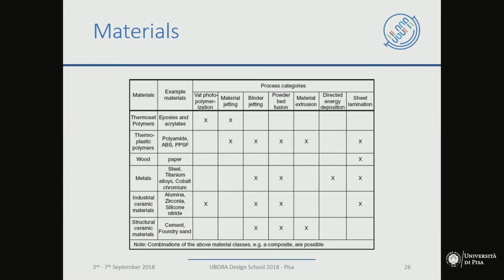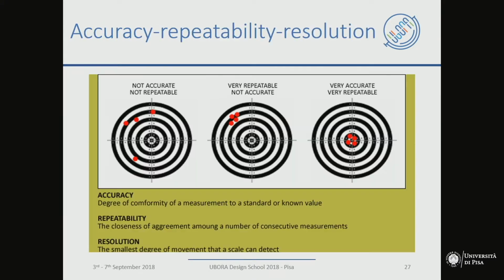You cannot print resins with all the technologies. But according to what you have to print, there is a preferred technology, which has a specific accuracy, a specific repeatability, and a specific resolution.